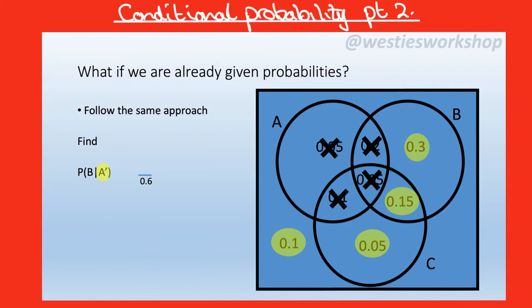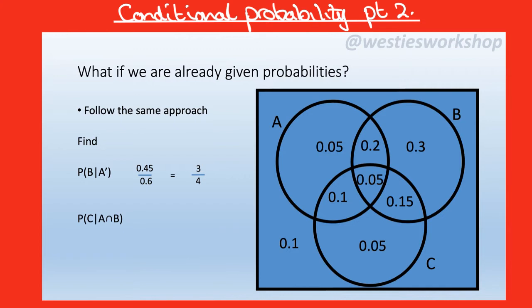Now the probability of B is 0.3 plus 0.15. So the probability is 0.45 divided by 0.6, which is equal to 3/4.